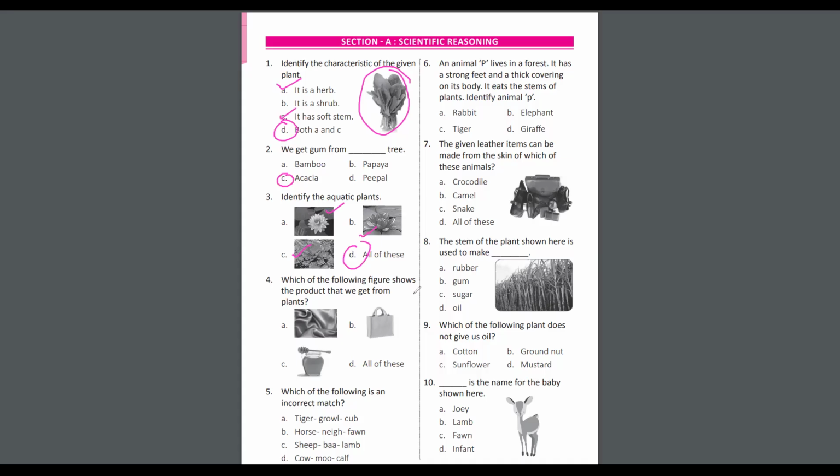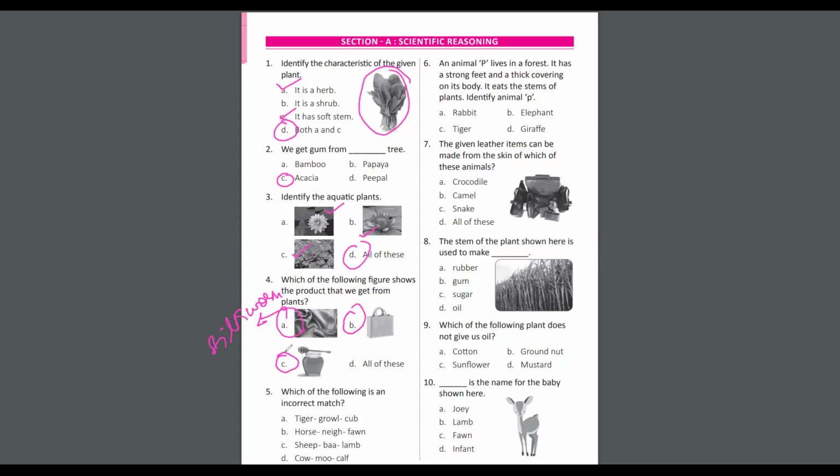Which of the following figures shows the product that we get from plants? So this is your oil or perfume. If I'm not wrong, this is honey. This is a jute bag. And this is your silk cloth. So silk we are getting from an animal, silkworm.